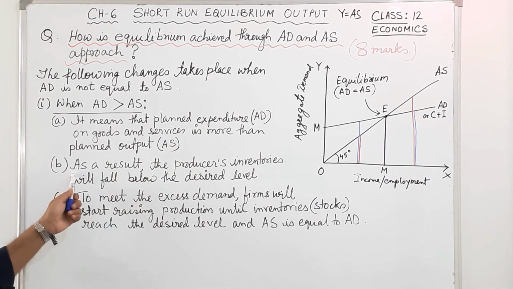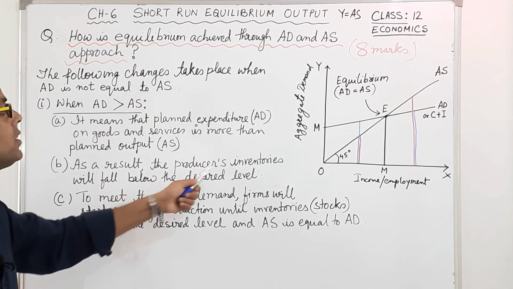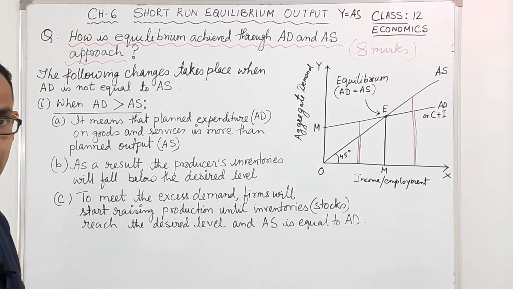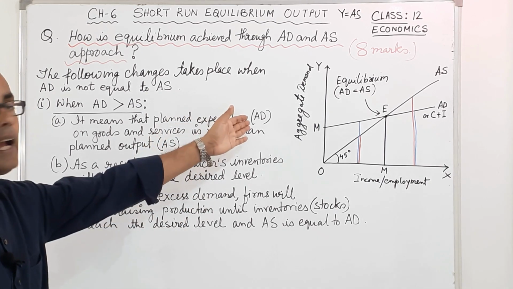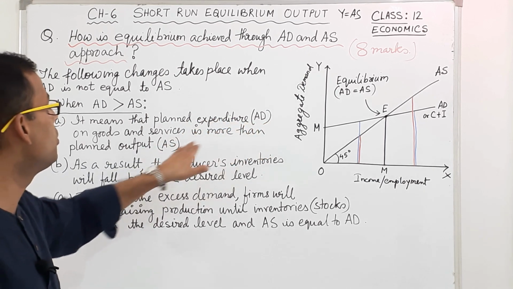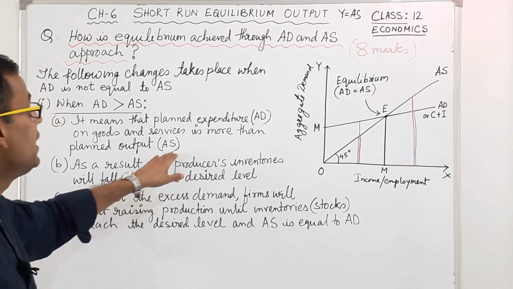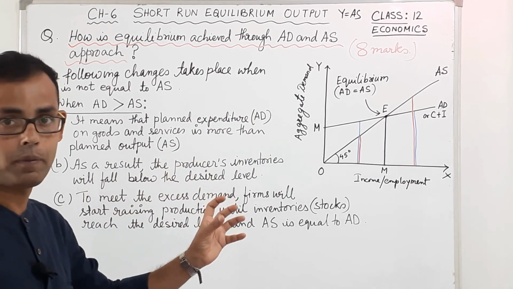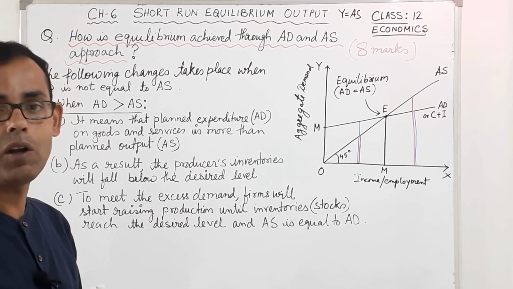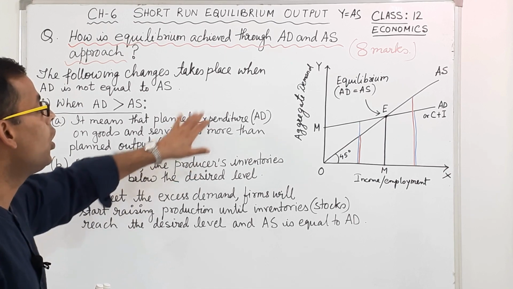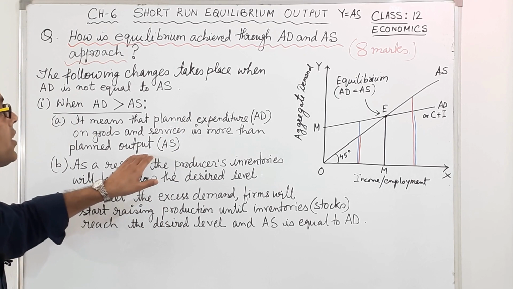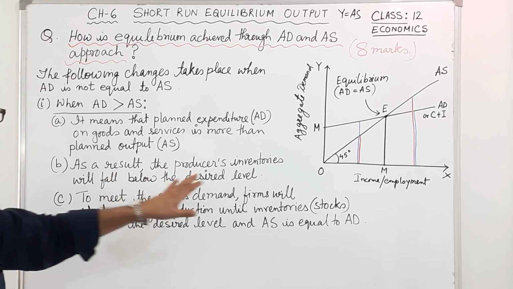Then what will happen? As a result, the producers' inventories will fall below the desired level. If aggregate demand is more in the economy than aggregate supply, the goods which are produced will be less in the market. They cannot fulfill all the demand of the consumers, so it falls below the desired level.